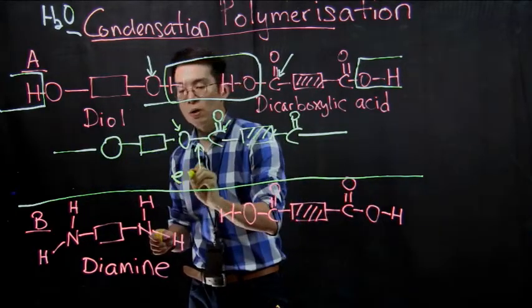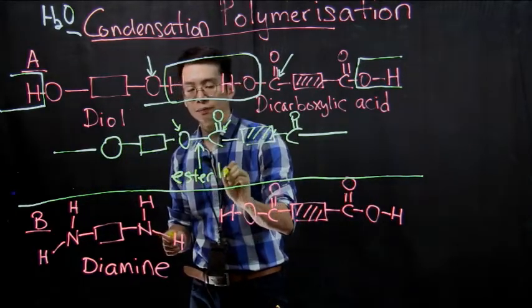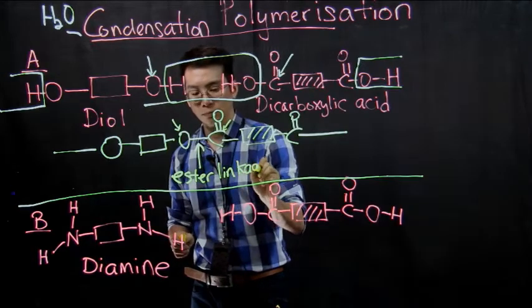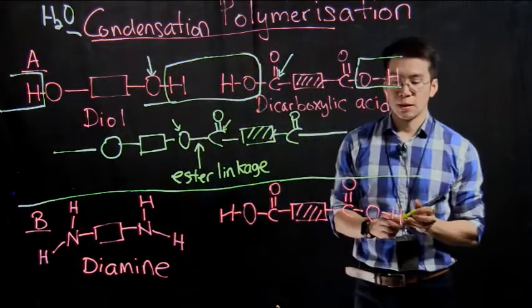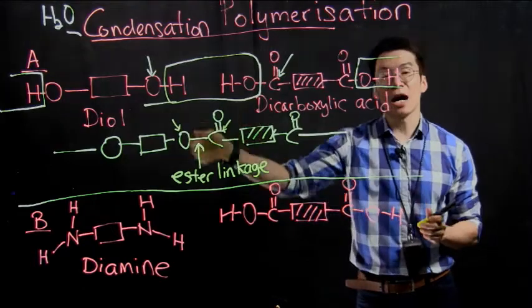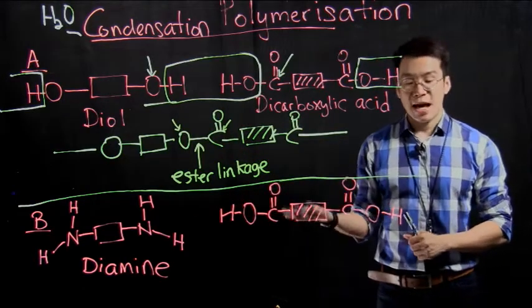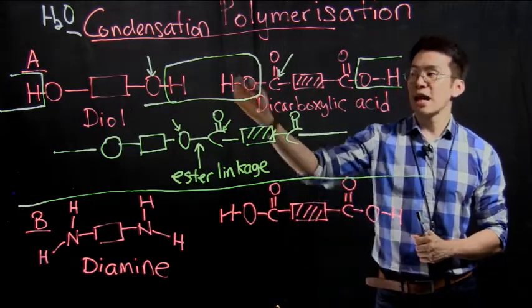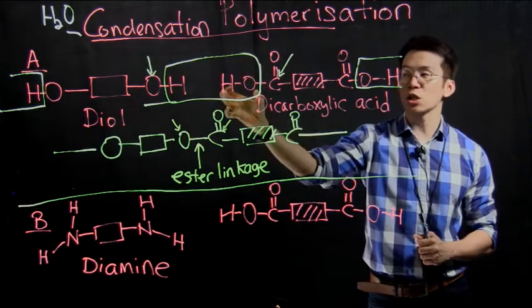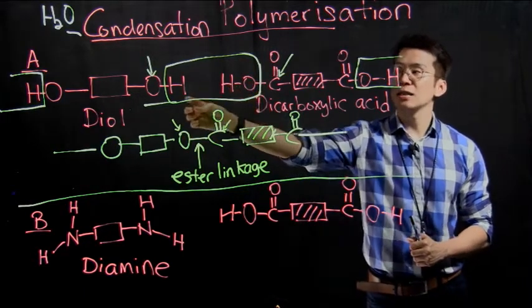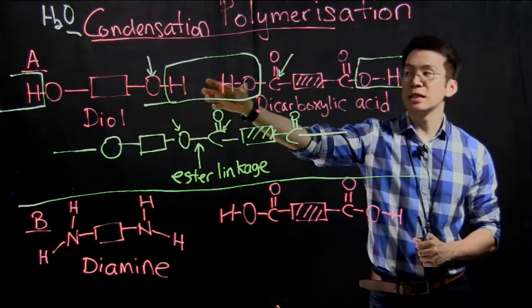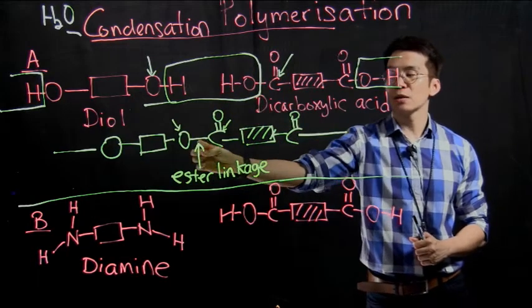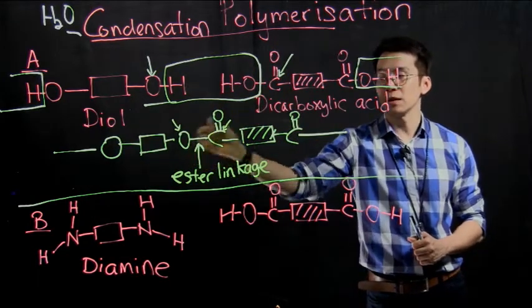This is what we call an ester linkage, because this is exactly how an ester is formed. An ester is formed when the OH of the acid and the H from the alcohol are eliminated, and they bond together to form this bond here.